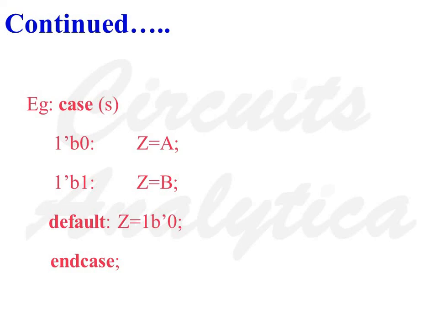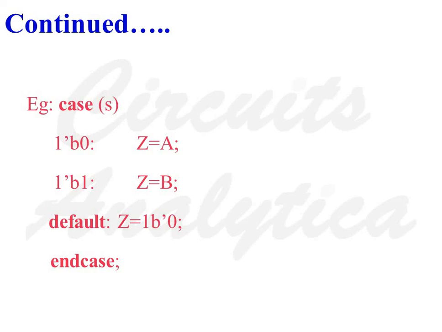So the meaning of this block is, if S is equal to binary 0, then output Z is assigned as A. If S is equal to binary 1, then Z is assigned as B, and the default value of the output port Z is binary 0.